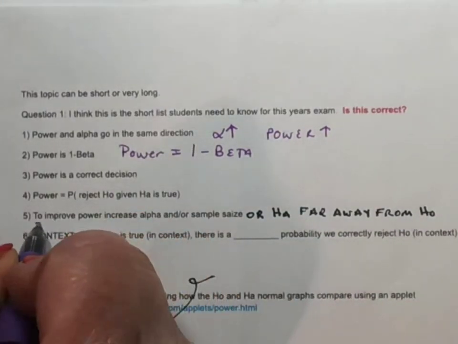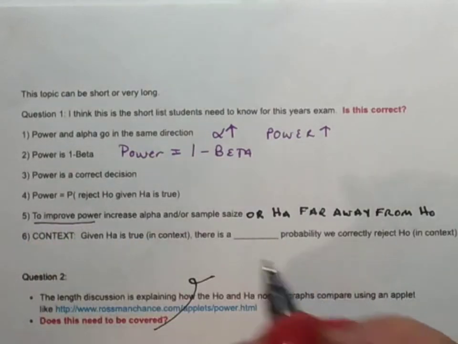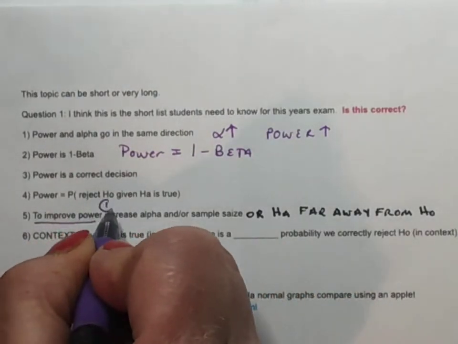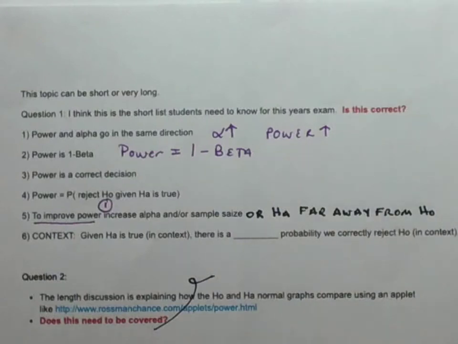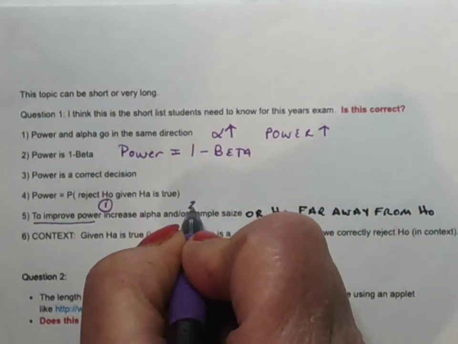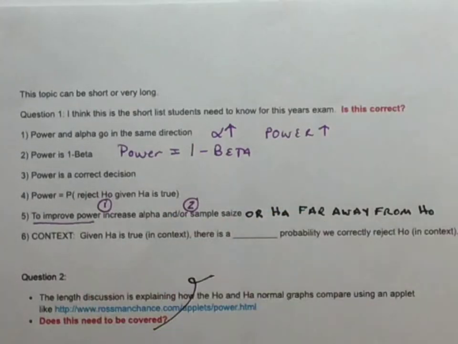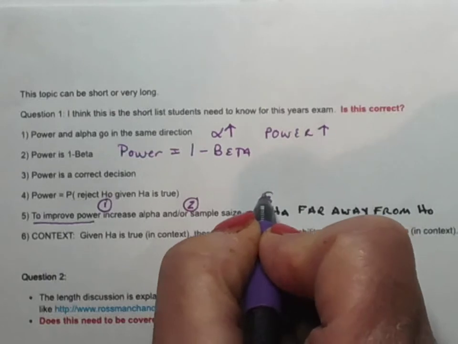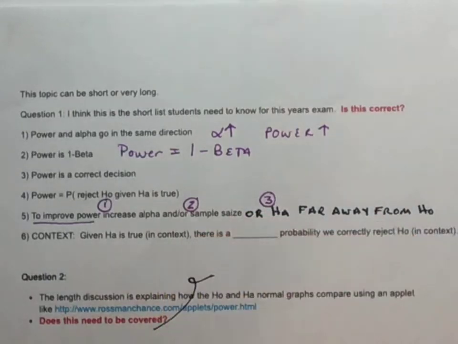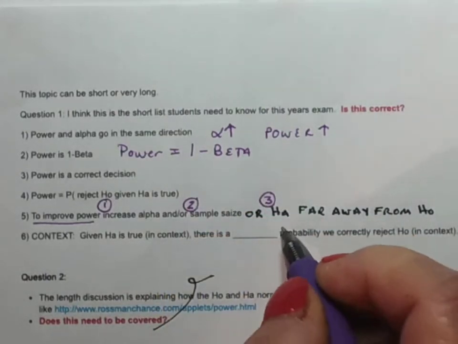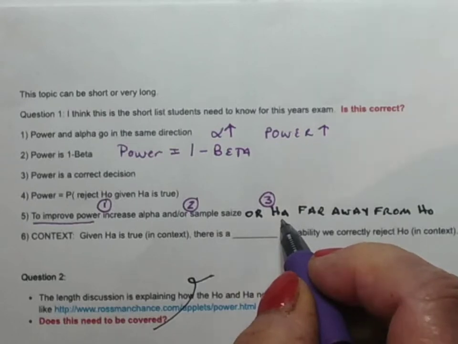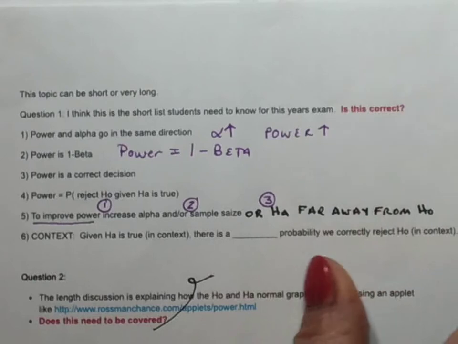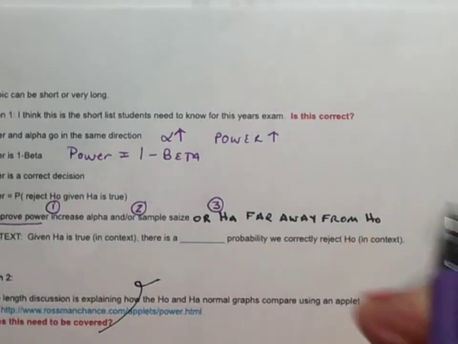To improve power, 1, increase alpha. 2, increase the sample size. 3, have your alternative hypothesis as far away from the null hypothesis as possible.